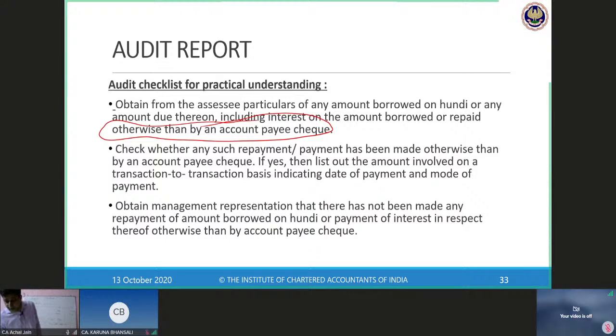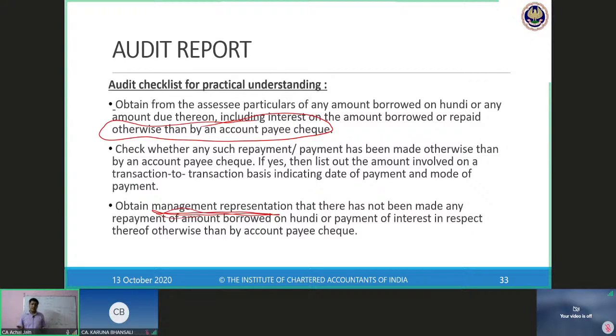This management representation will have to be obtained by the auditor, that there has not been any repayment of amount borrowed on hundi or payment of interest in respect thereof otherwise than by an account payee cheque. Because all of these cheques would have already been issued and the cheques will not be in the possession of the assessee.